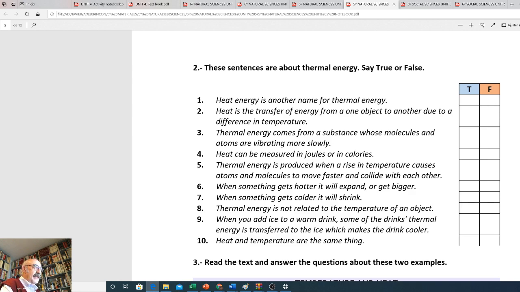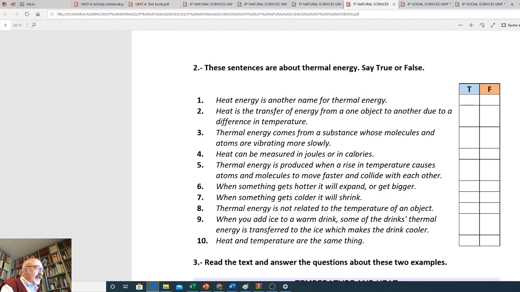Correct? Good. Heat can be measured in joules or in calories. Joules is a unit to measure heat. So this is right. Okay, heat can be measured in calories.